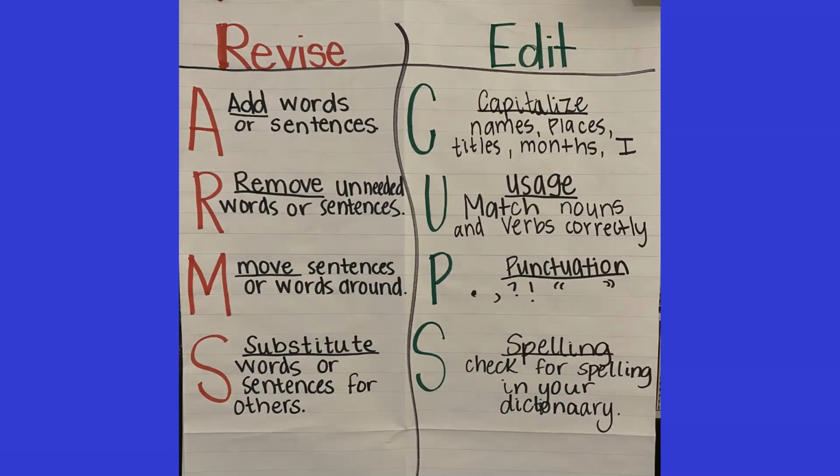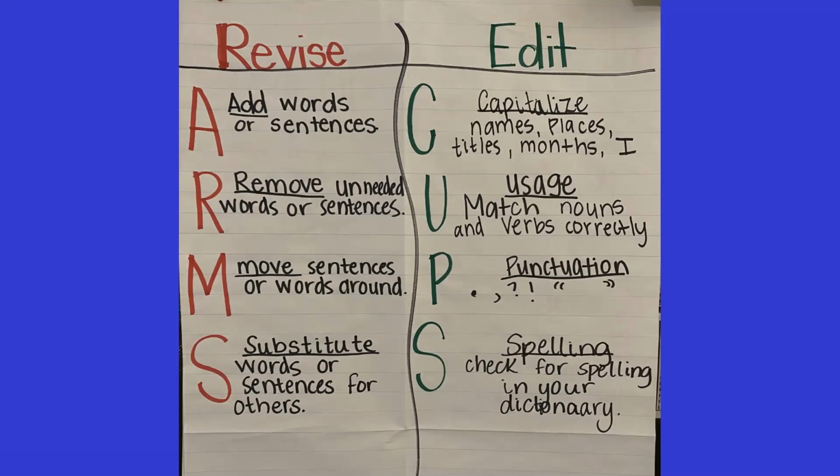So for revising, for A, that means we are adding words or sentences to our writing. R, remove unneeded words or sentences. M, moving sentences around or words around so that it makes more sense. S, substitute. So we need to either replace words or sentences for something else so that the reader who is reading your writing will understand what you're trying to say.